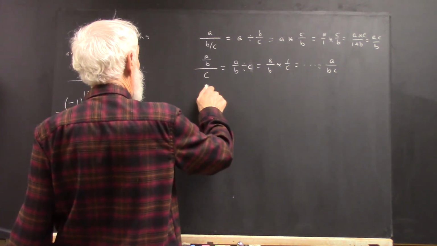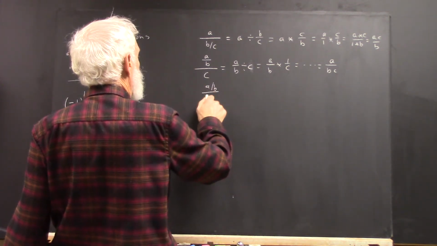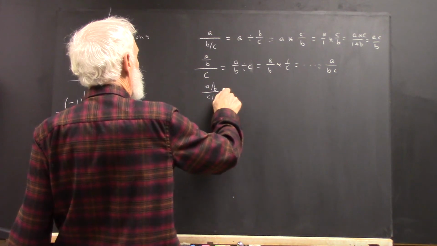Okay, what's A over B divided by C over D?